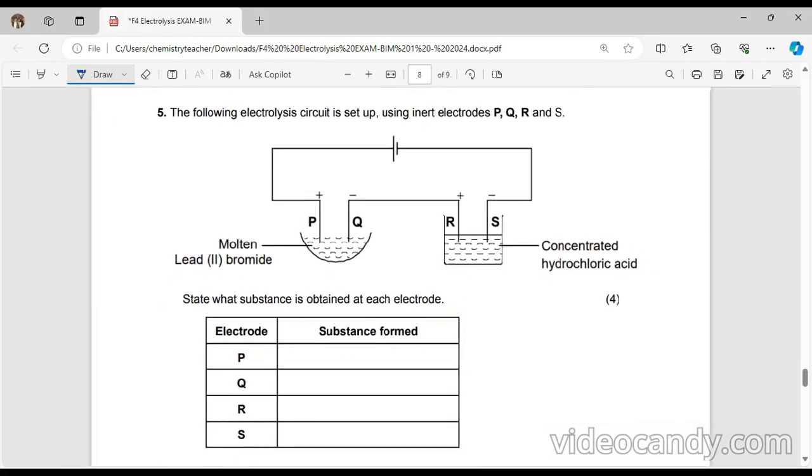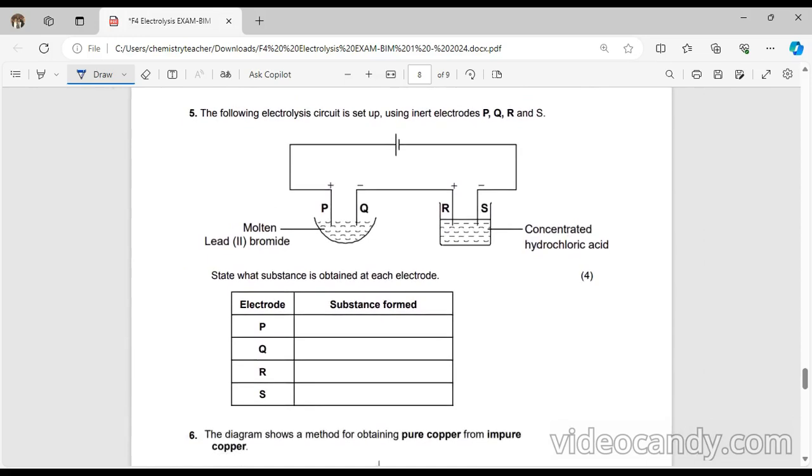Another question about substances formed. It looks a bit strange, but we basically have one big circuit with 2 electrolysis cells. They're independent of each other, so they don't affect each other. On the left-hand side, we've got molten lead bromide. So let's work from P. P is the anode.